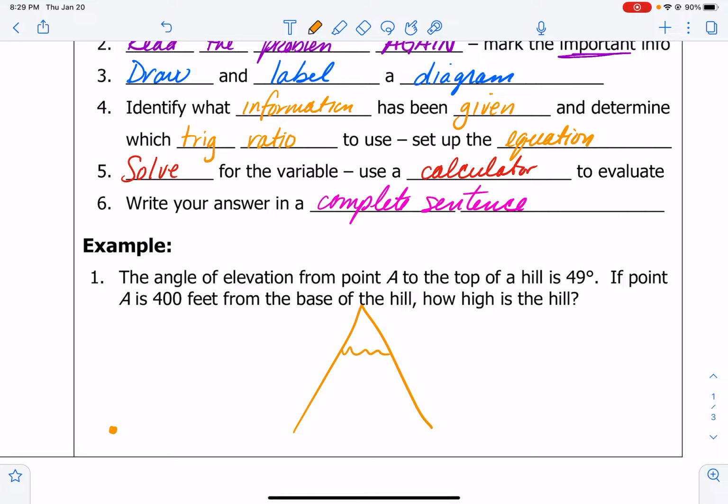There's my lovely mountain. And I know that this angle of elevation is 49 degrees. That's me looking up from point A to the top of the mountain. I also know that the bottom is 400 feet.